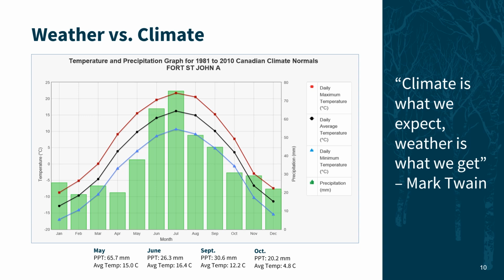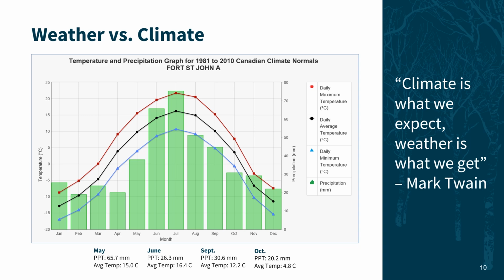If we focus in on the month of May, we see that May has average precipitation of approximately 37 millimeters in that month, whereas in 2023, at the bottom, you can see that we received 65.7 millimeters that month.